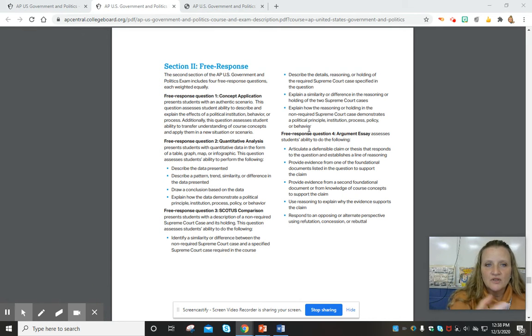Okay, so this one's hard. You're going to have to memorize court cases and their holding and their reasoning, like why they decided a certain way. It's hard. And I would say start making flashcards, because that's the only way that you can kind of memorize them.